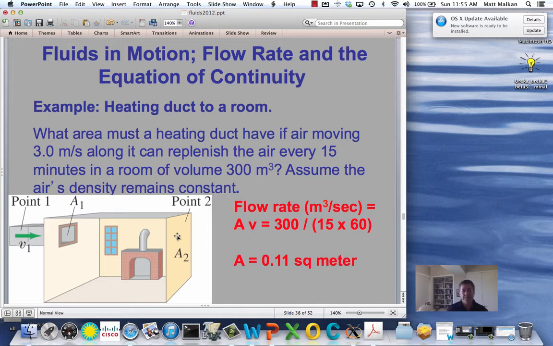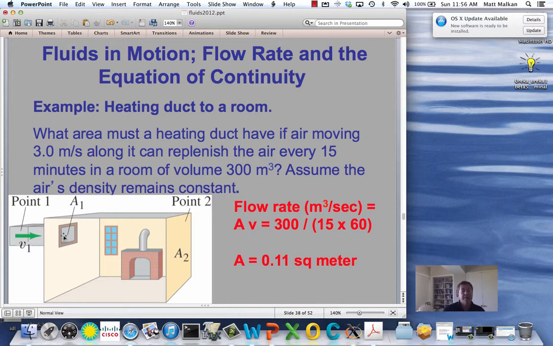So the flow rate, AV, coming in from the air duct wants to be the flow rate in cubic meters per second: 300 cubic meters divided by 900 seconds, which is about 1/3. So if AV is 1/3, then V coming into the room was 3.